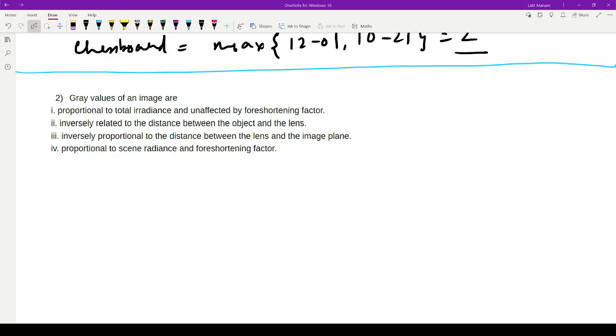When a surface is inclined towards us, it looks smaller. That is called the foreshortening effect. When we tilt the source or the object, then its area reduces. That effect is known as foreshortening factor.